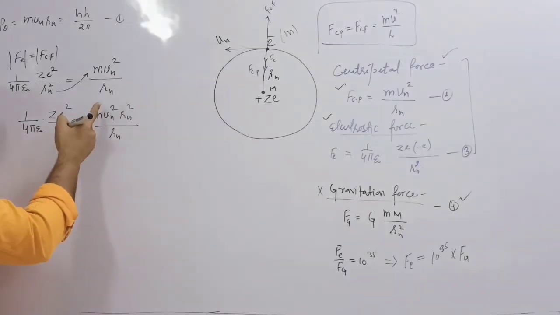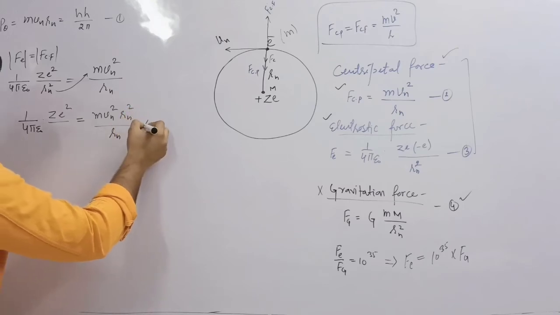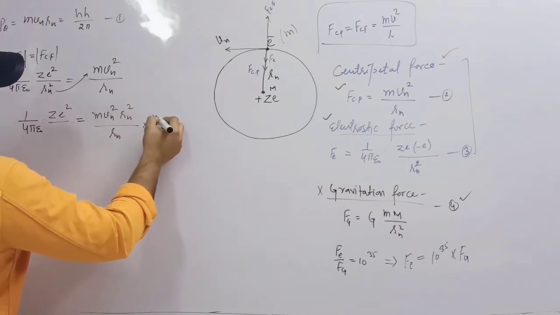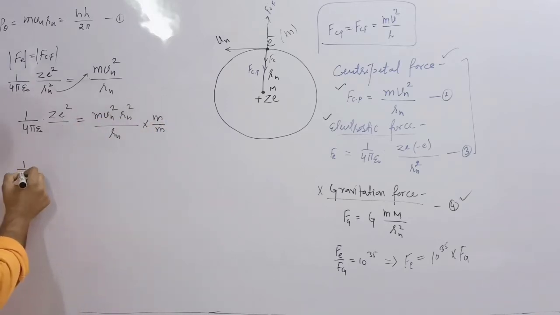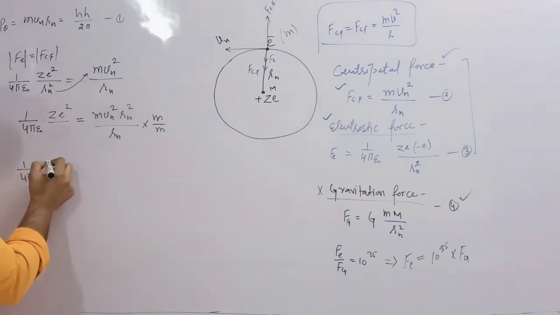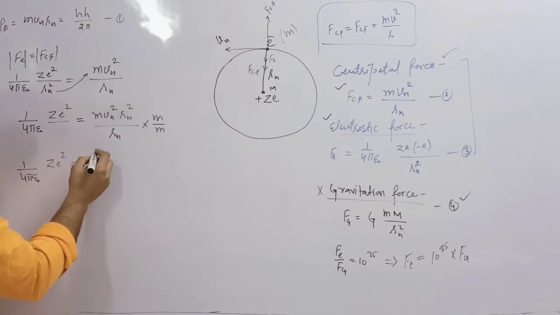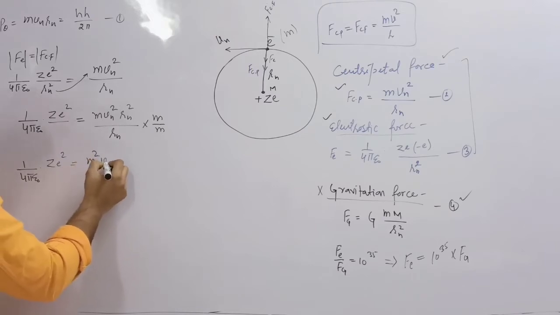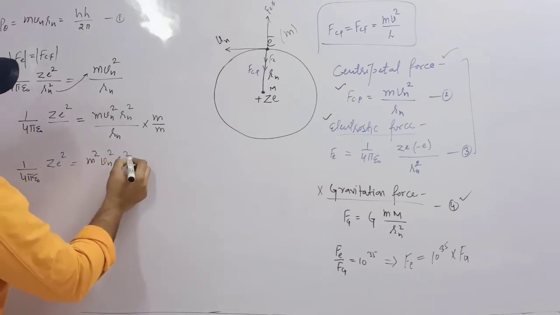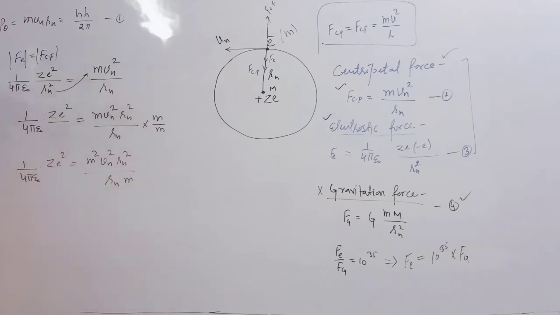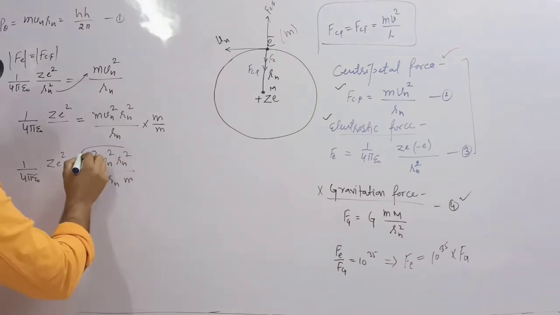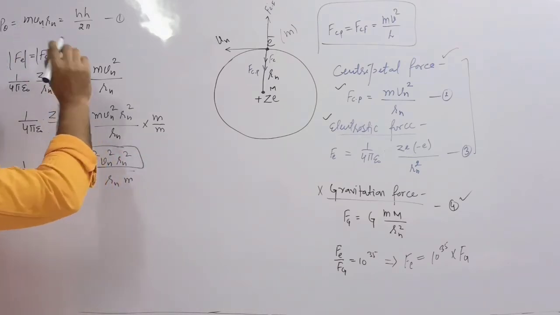Now if this equation is multiplied on the right hand side by m and divided also by m, then this becomes 1 upon 4 pi epsilon naught Ze square equals m square vn square Rn square upon Rn into small m. Now this is clear here that this is nothing but the square of this angular momentum.